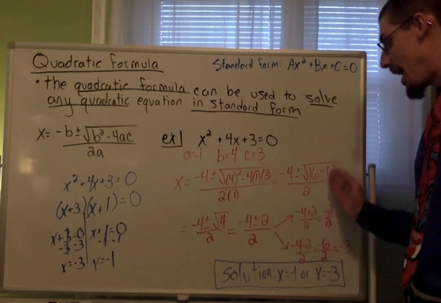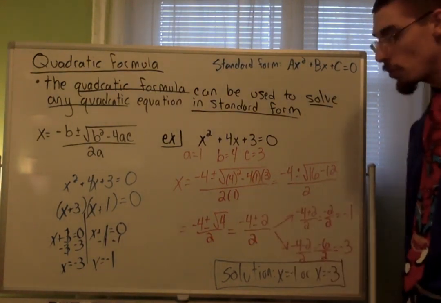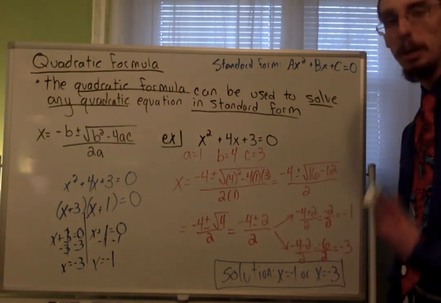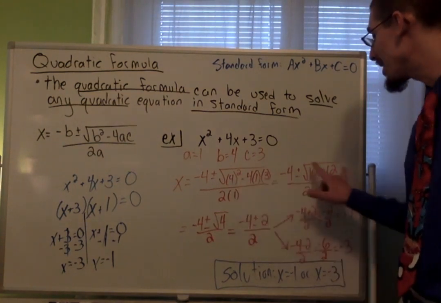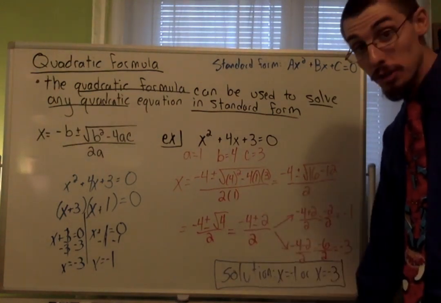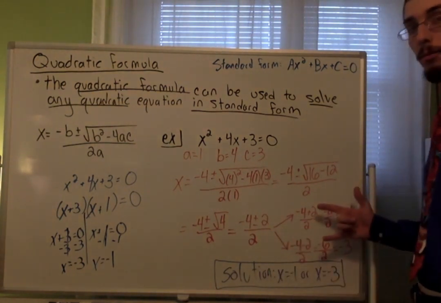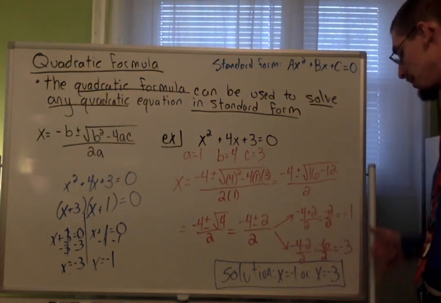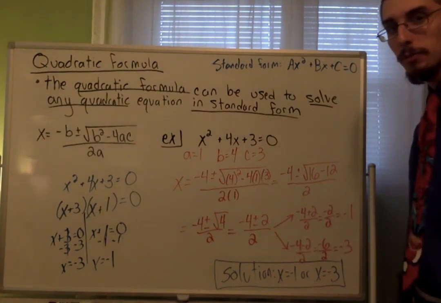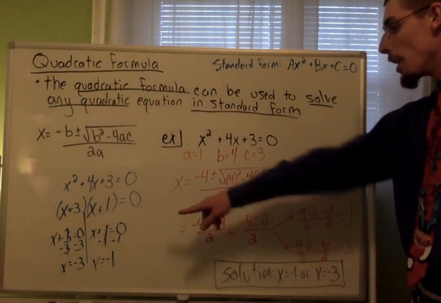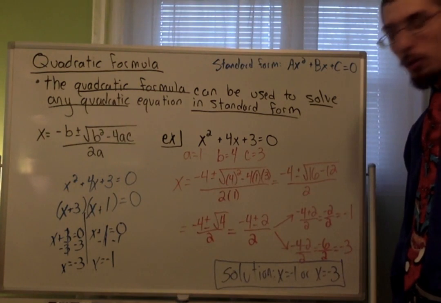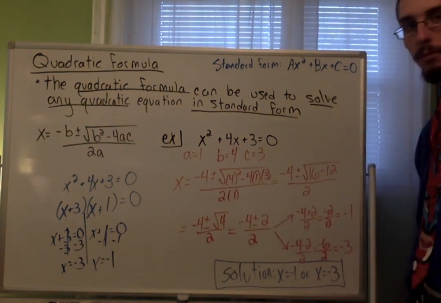Multiply first, then subtract, then you can do the square root. You kind of treat square root like parentheses, where you do everything under the square root first, then you can take the square root, and then you split it up, do the plus, do the minus, get your two answers. We already knew it was supposed to be negative 3 and negative 1, and this is what we got.